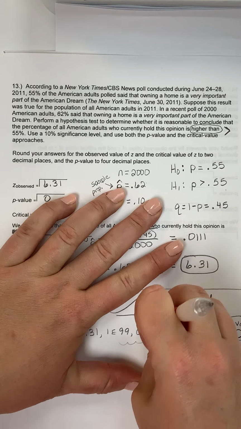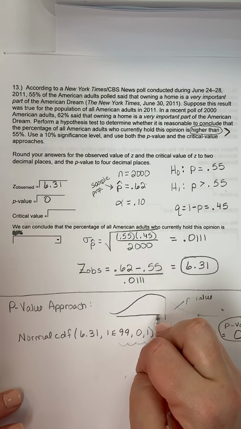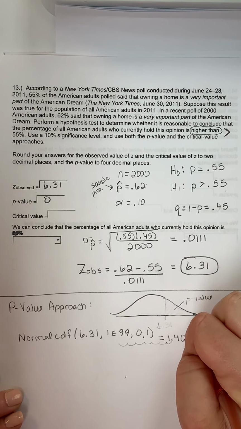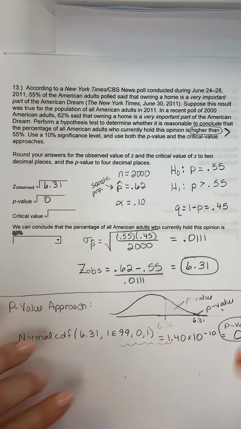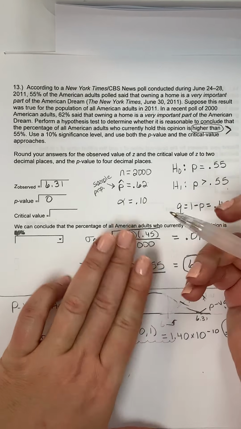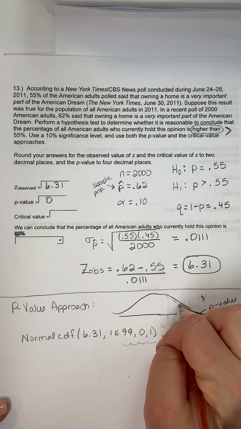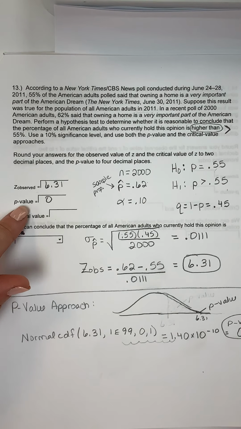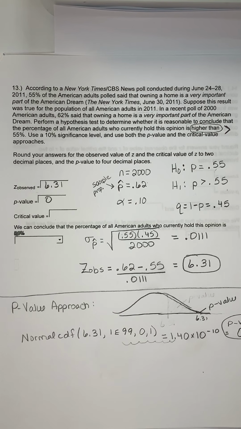If I were to draw this accurately, 6.31 is way out here, and this is your p-value, which is basically 0. That was my fault for blindly drawing it. If you round it to 4 decimal places, this is still going to come out to be 0.